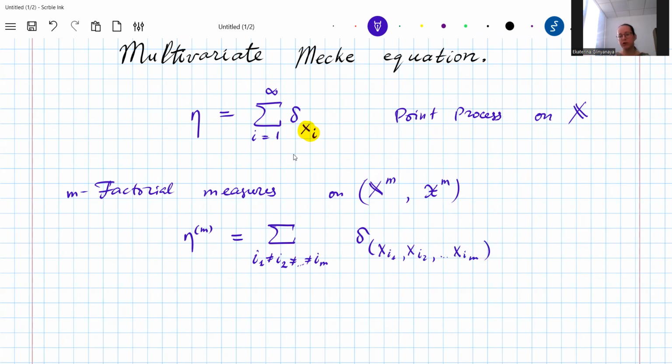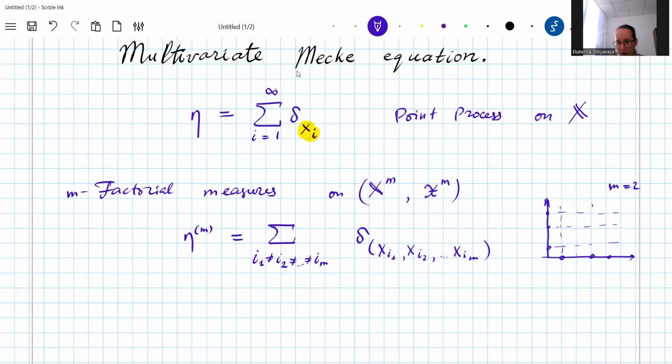On the picture, we saw that we consider only those points. So if I have the case m equal to 2, and I have some random points, then I consider all except the diagonals.